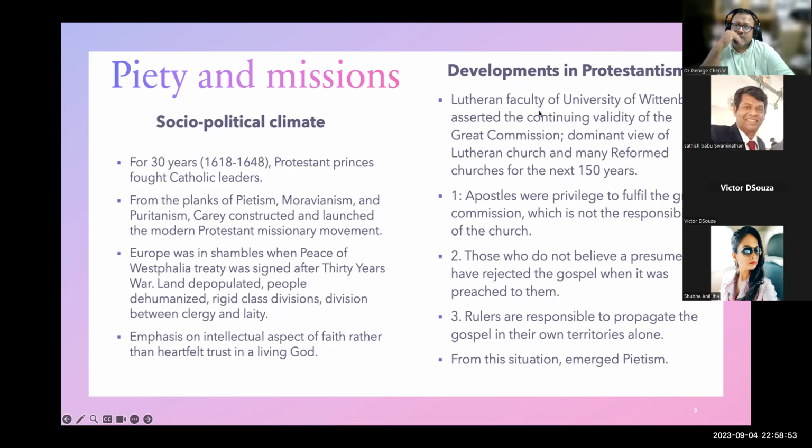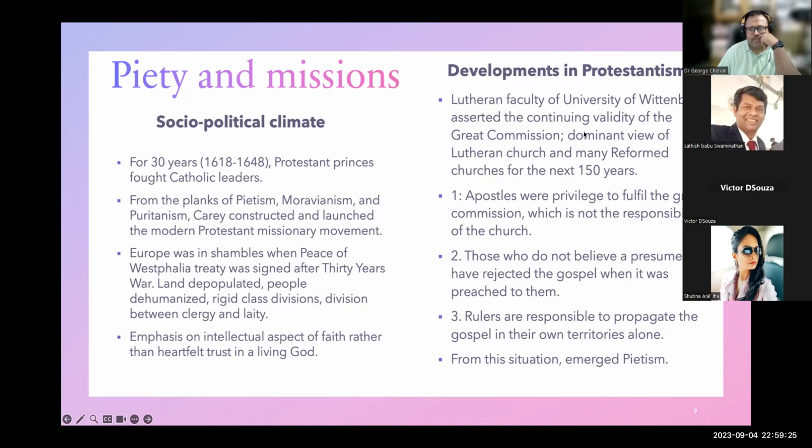There were certain developments happening in the Protestant world, and there was the Lutheran faculty of Wittenberg, in Germany. We have seen in the previous slides that they asserted the Great Commission is valid for all believers.